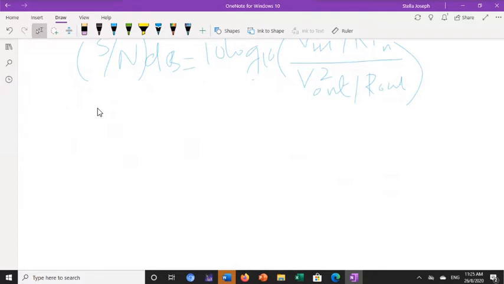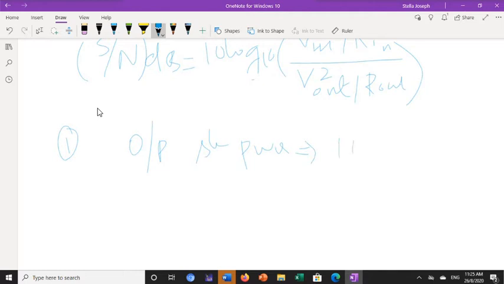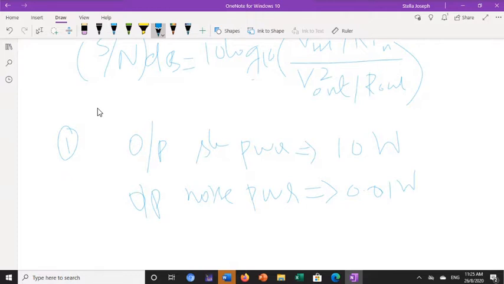For an amplifier with an output signal power of 10 watt and an output noise power of 0.01 watt, determine the signal to noise power ratio.